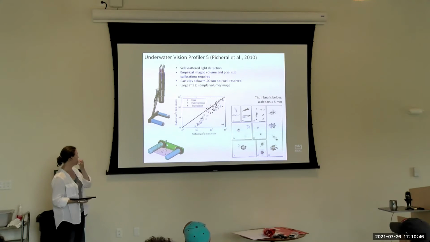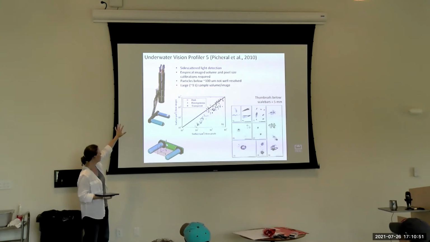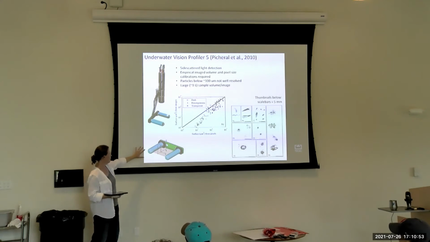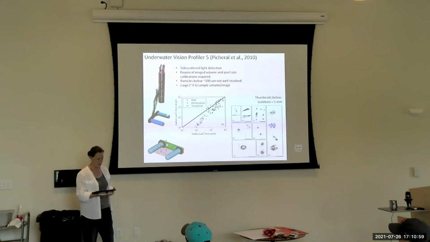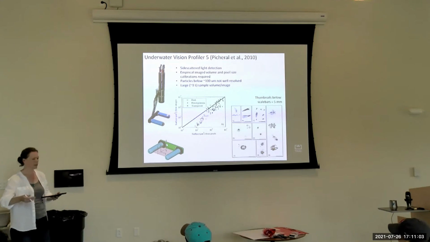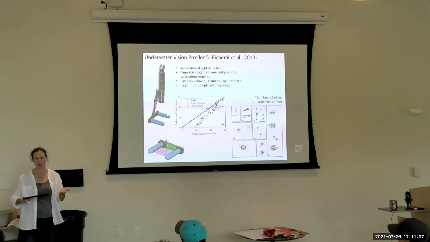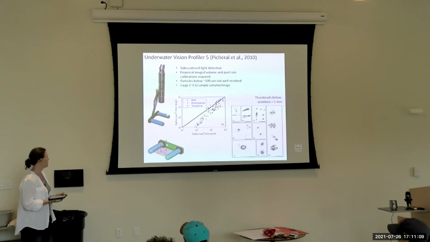The UVP uses side scattered light, so the photograph and the CAD drawing of just the illumination portion of the instrument are showing this. Basically, you have a camera that's looking down at two lights that are together illuminating from the sides. The horizontal plane is about 3 centimeters thick.